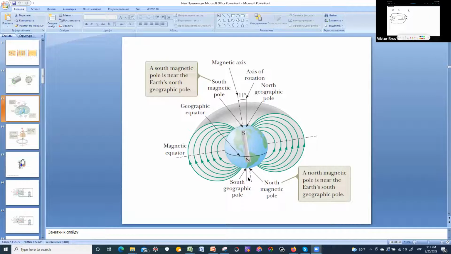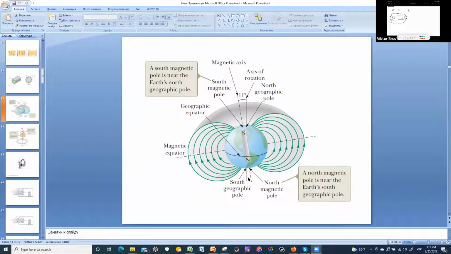So it's not really a constant orientation. Moreover, we observe continuous movement of the locations of south and north poles with respect to geographic poles. So it changes year after year, not much, but it's constantly moving.